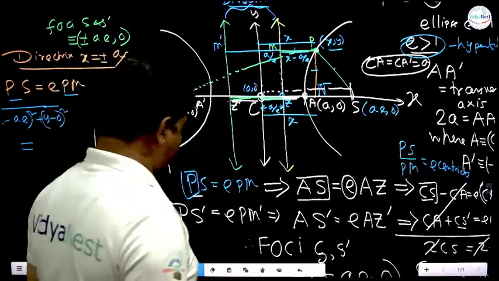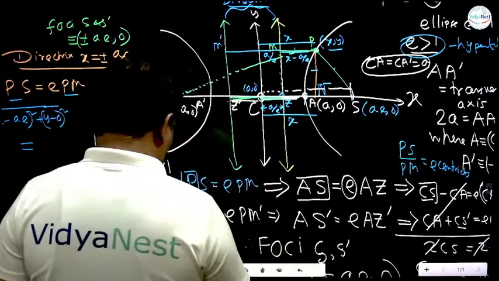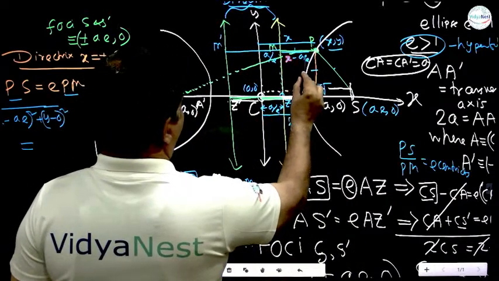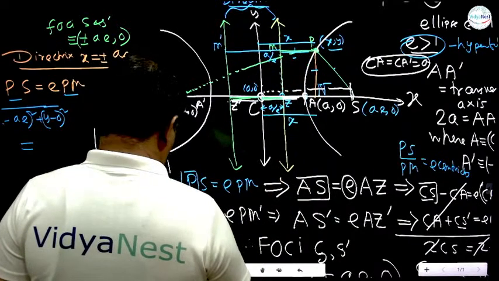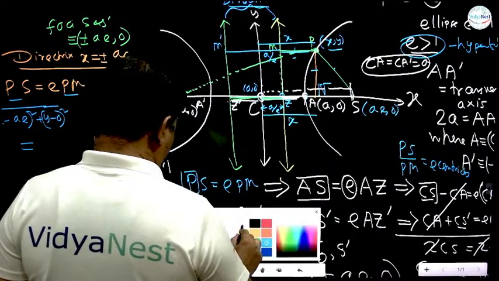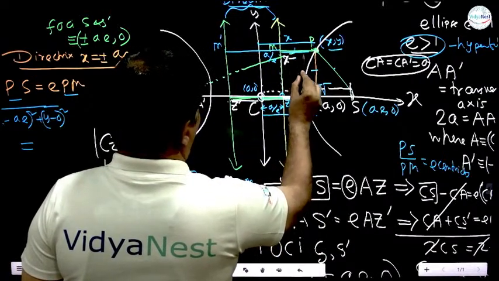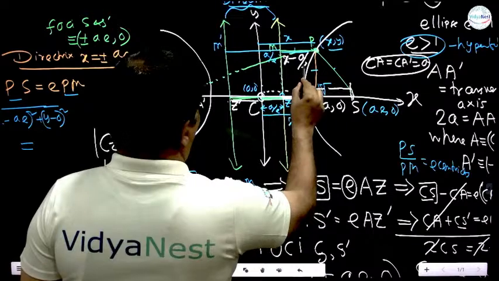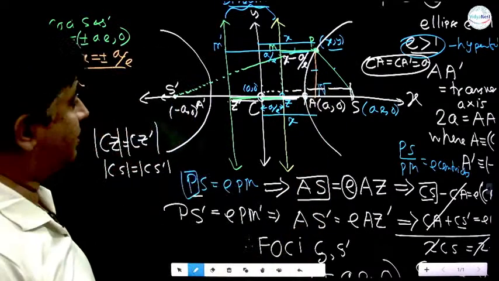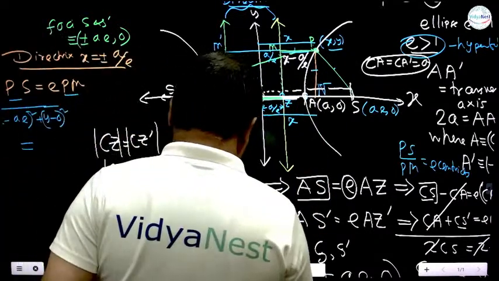Yes, sir. X minus A by E. X minus A by E. That is length of PM.